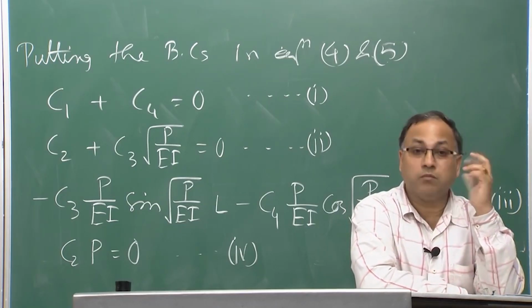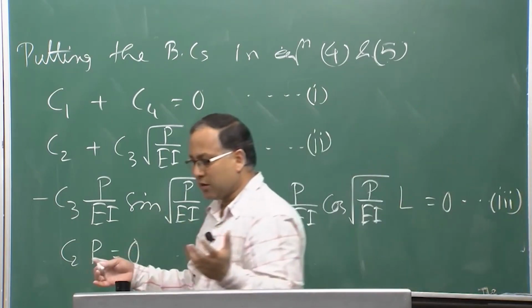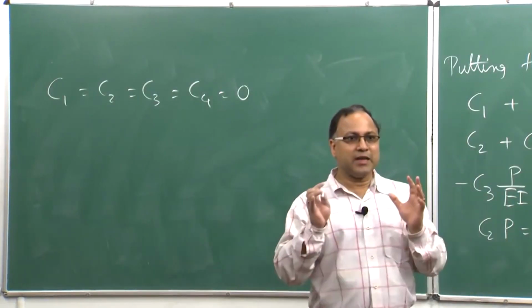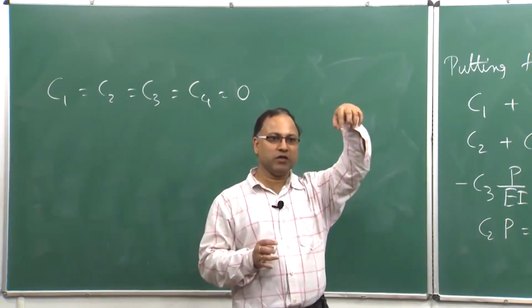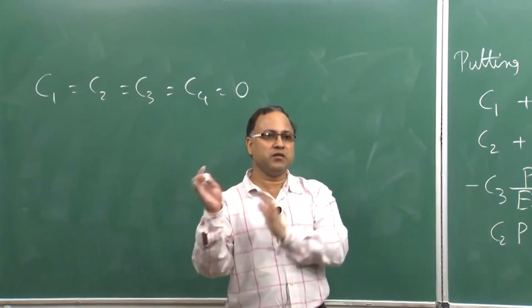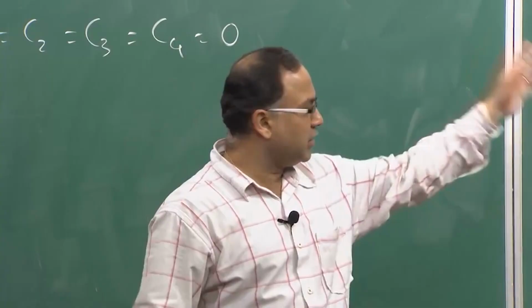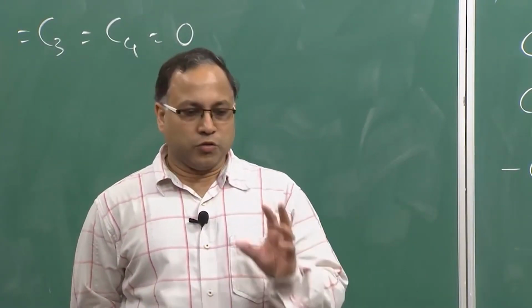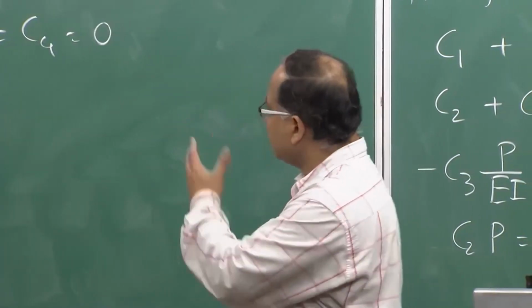But it is the trivial solution, that is the stable situation, that we do not want to explore right now. That means you are applying the load and that load is not creating any kind of lateral movement of the column, or the beam as I showed you. But we are not interested in that kind of solution. This solution will give you the trivial solution.